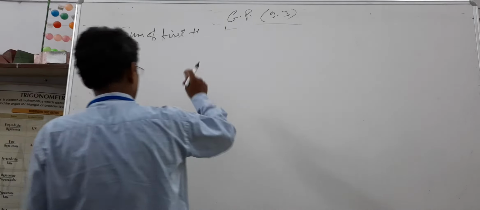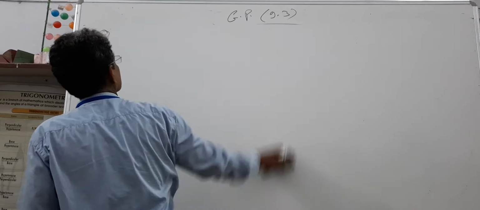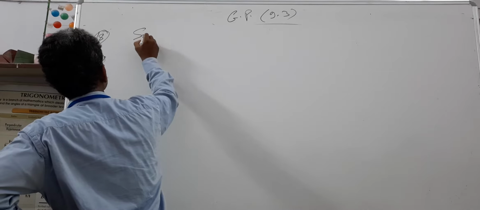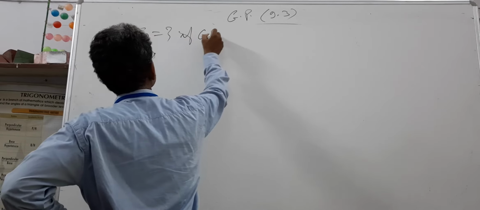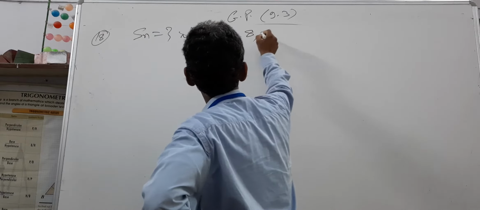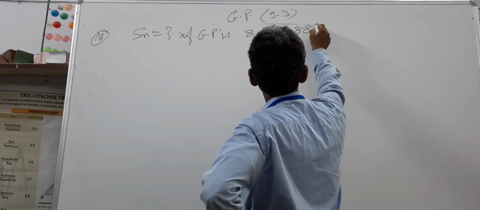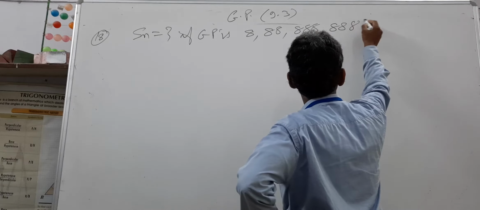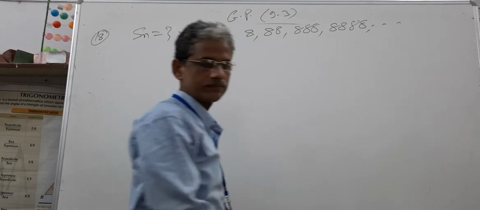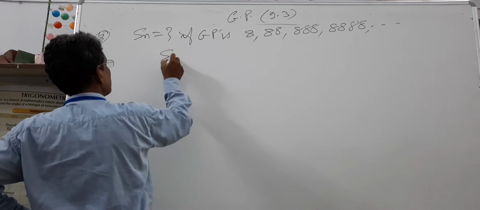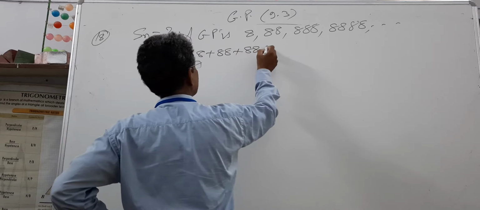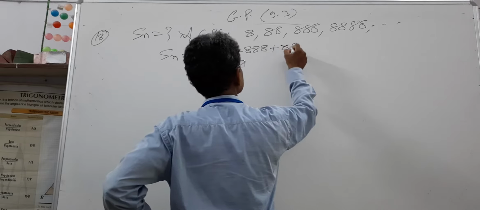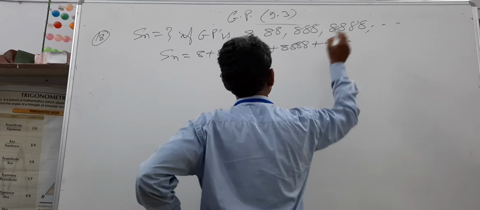Find the sum of n terms of the sequence, find Sn, if the GP is 8, 88, 888 and so on. Sn is equal to 8 plus 88 plus 888 plus and so on.